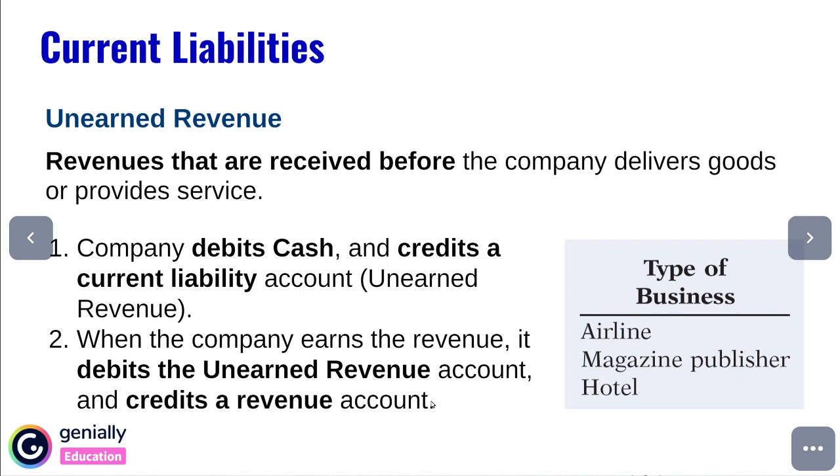When the company earns the revenue, meaning when it performs the service, it debits unearned revenue by the same amount, bringing it to zero for example, and credits a revenue account. It depends on the kind of service, for example a magazine publisher, or when you buy a gift card, like a gift card for the new year.